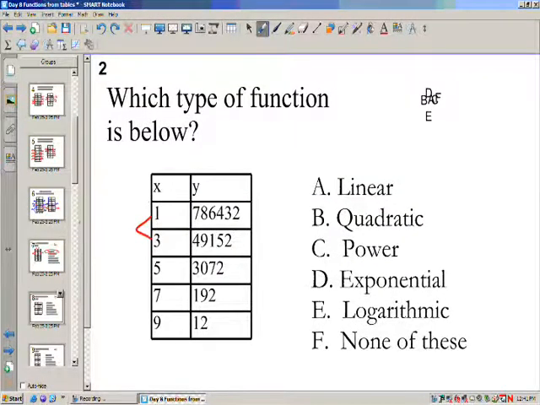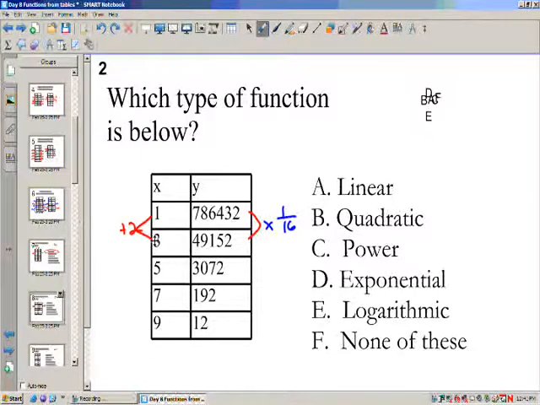Here, I'm going up 2, and so 49,152 divided by 786,432 is 1/16. So we're multiplying by 1/16.